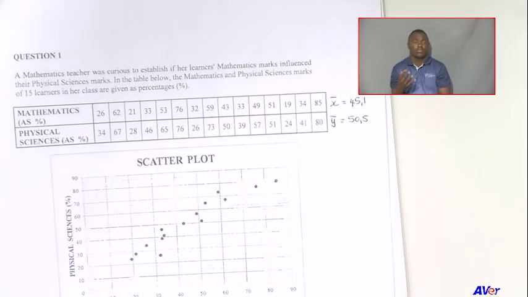The second learner got 62% for mathematics and 67% for science. Now they say, determine the equation of the least squares regression line of the data. Now people, you've got to work out the values of A and B for the data set. I want you to do that quickly on your calculators.